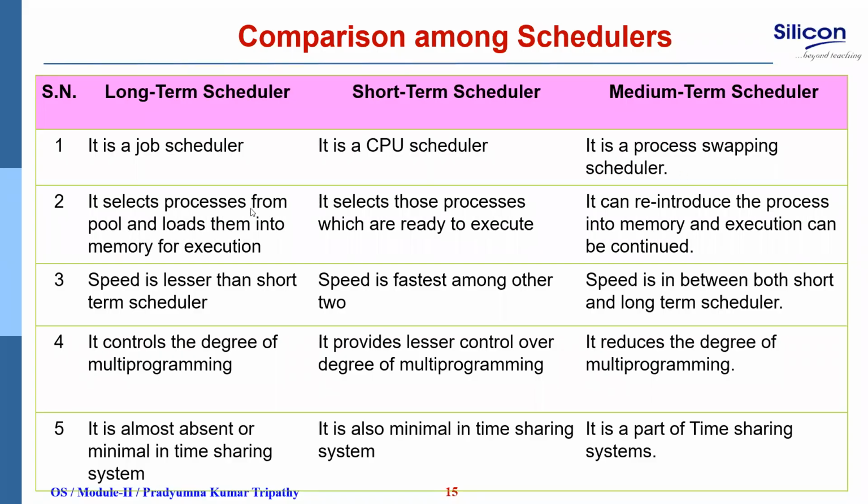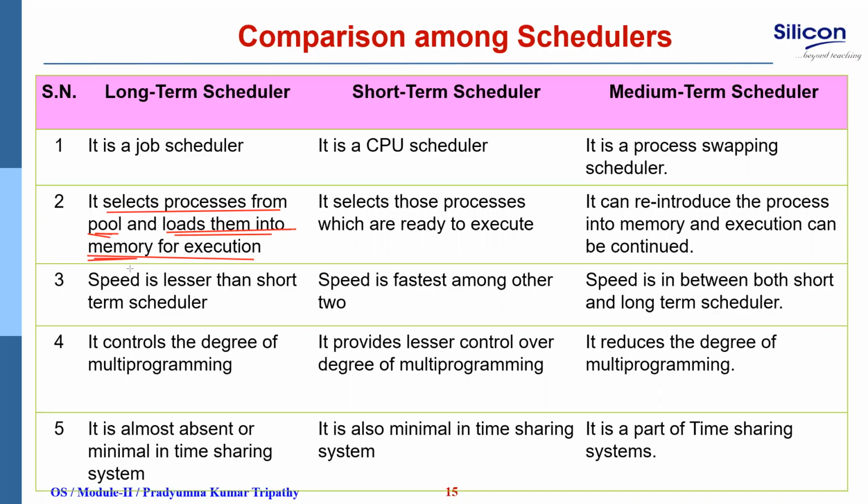So it selects processes from the pool and loads them into the memory for execution. Try to understand here. It says it selects processes from the pool and loads them into memory for execution. Before, it was there in the pool; it selects and loads them into memory.